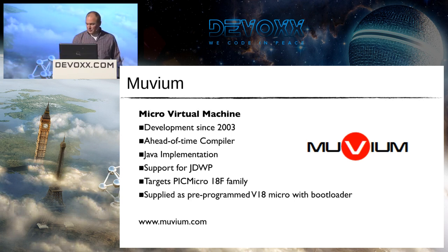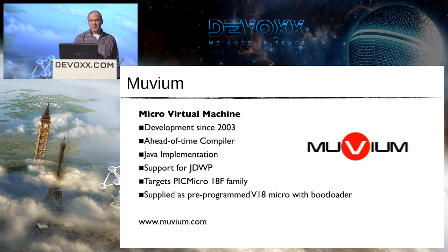And the engine that makes it possible is this micro virtual machine, which I've developed. Now, I've been working on that in various forms since 2003. It's an ahead-of-time compiler for 8-bit microcontrollers.